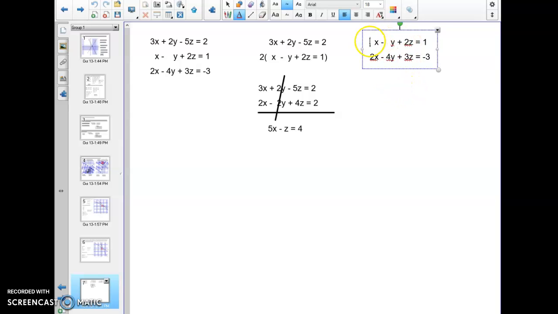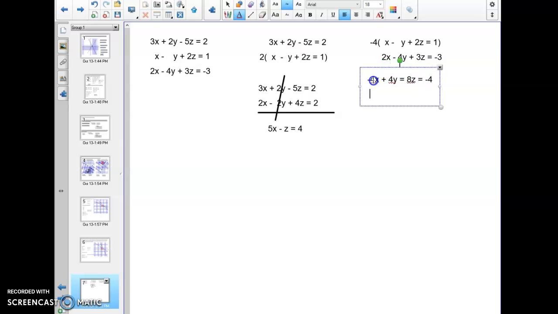Alright, and now I'm going to multiply the top. So here we're going to multiply by a negative 4 because I need to have an opposite sign in front of my y. So this becomes negative 4x plus 4y minus 8z equals negative 4, and then it's 2x minus 4y, plus 3z equals a negative 3.